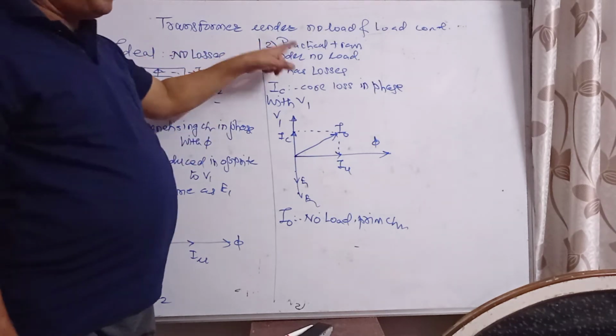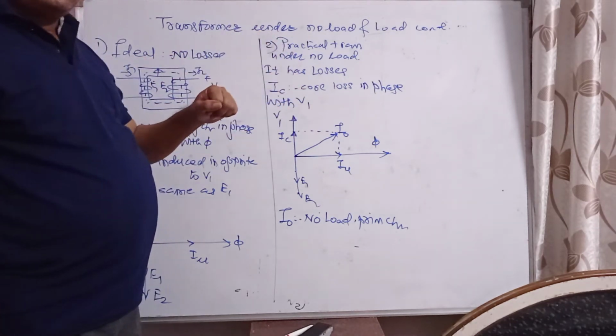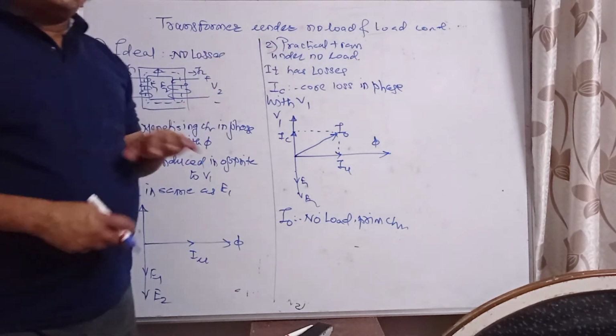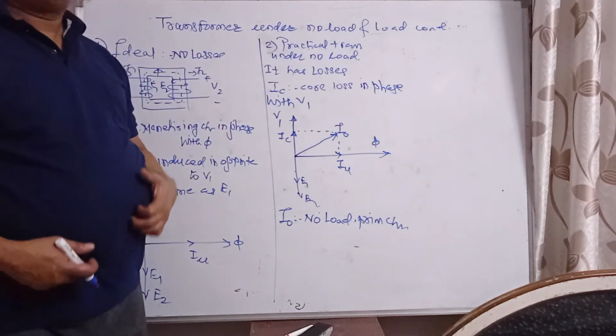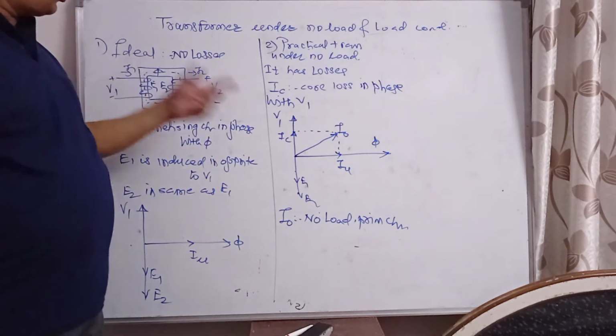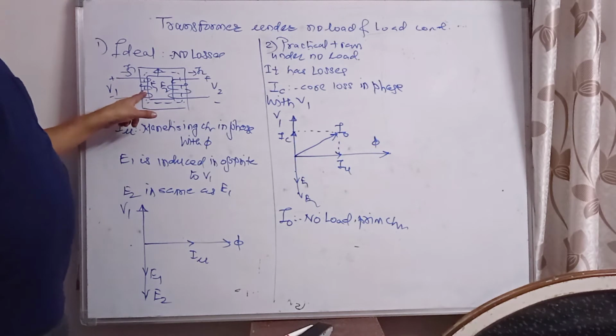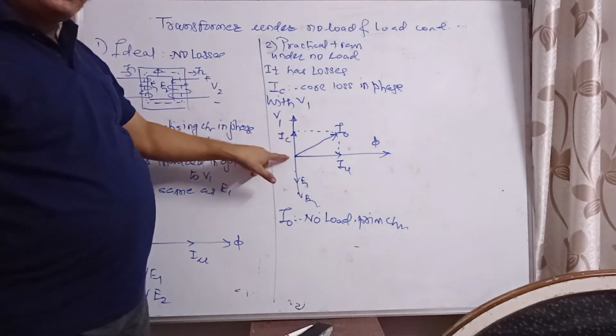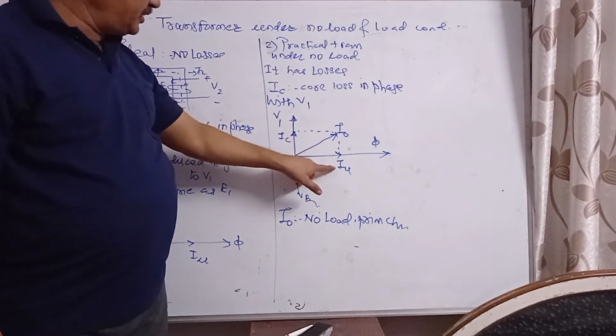But in this case, practical transformer, there will be losses. So I1 is the no load primary current. Now it has some losses taking place in core. V1 magnetizes the core, so core loss is in phase with V1. So it is indicated in phase with V1. This is initially Imu.